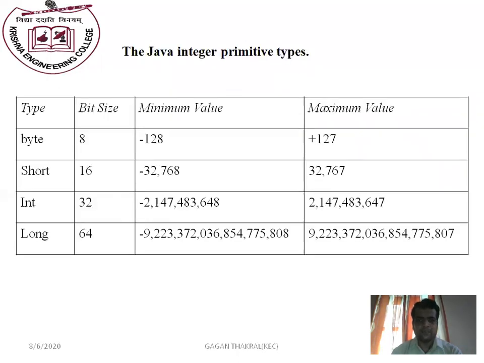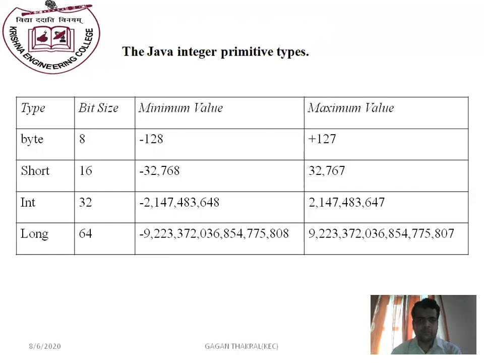The Java integer primitive types. Some examples of Java primitive data types: for example, byte. Byte takes a size of 8 bits, or 1 byte. If we assign values to 8 bits, then 2 raised to power 8 is equal to 256. 256 is divided into two parts: half for negative values and half for positive values.